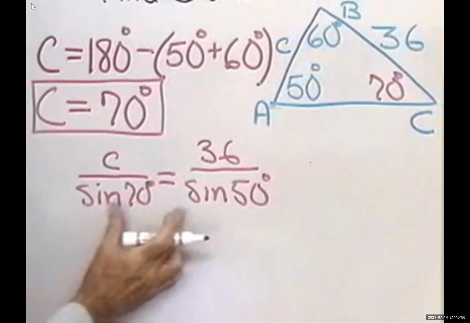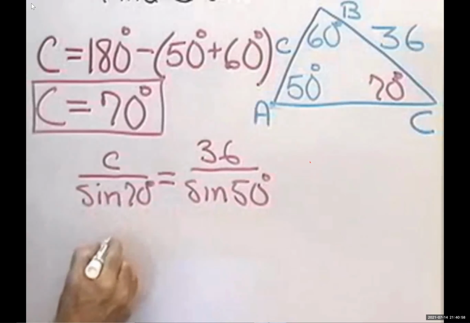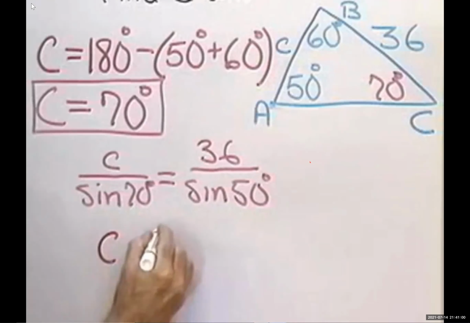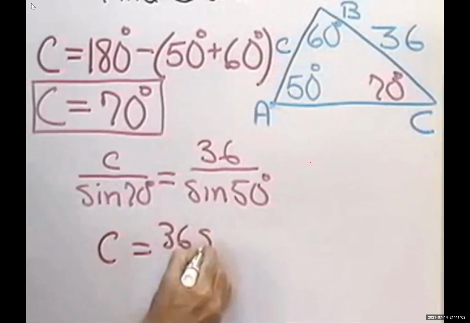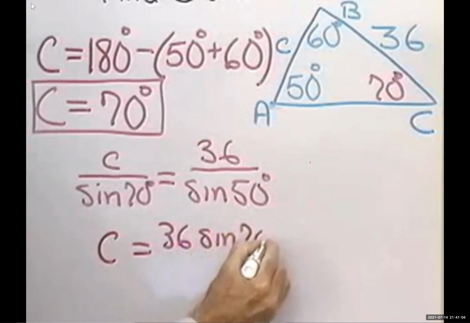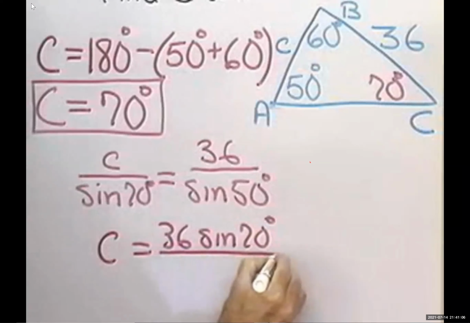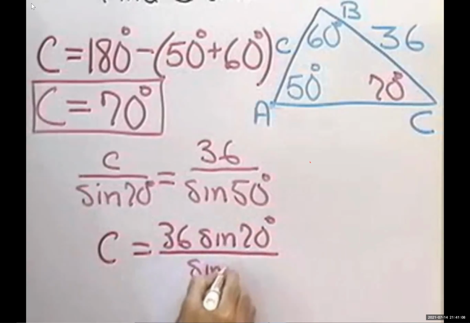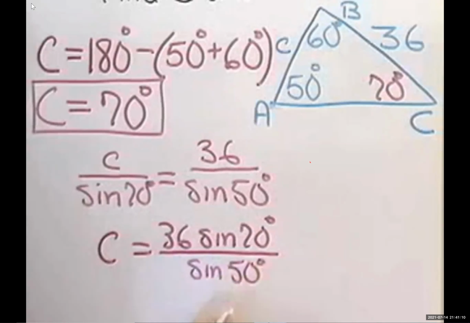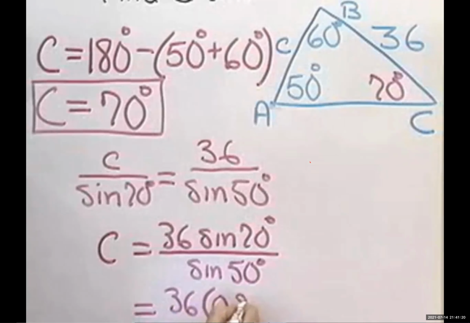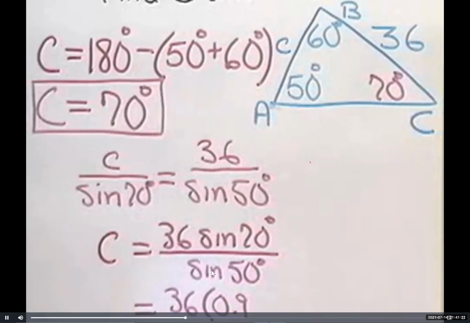I'll multiply both sides by the sine of 70, and so I'll get C is equal to 36 sine 70 degrees, all divided by the sine of 50 degrees. Now, if I do this on a calculator, which I've already done, I'll just show you the first few digits here. It's going to be 36 times 0.9397.